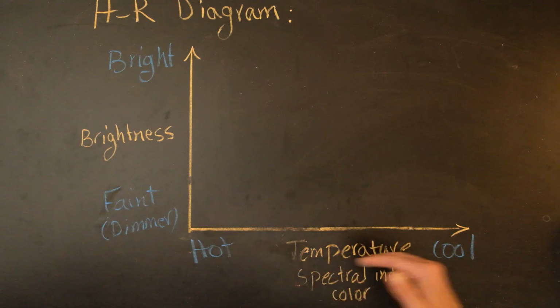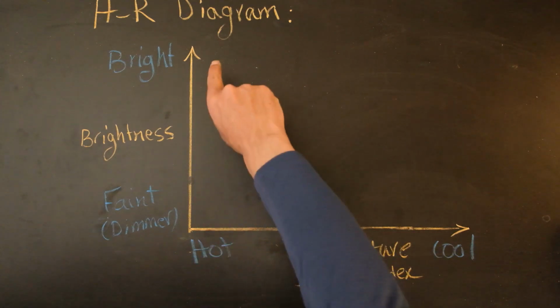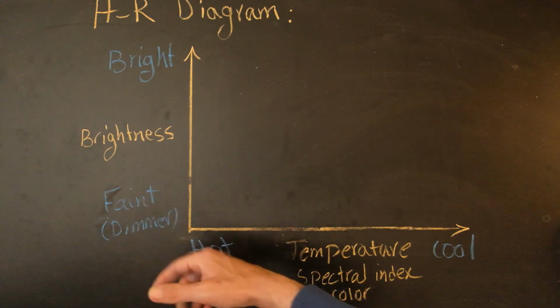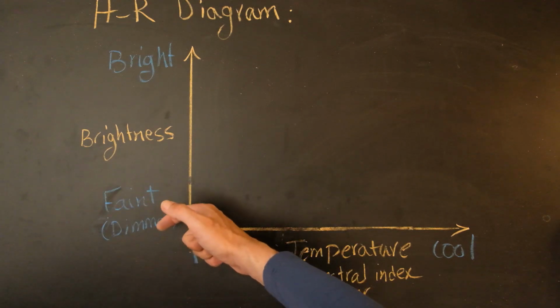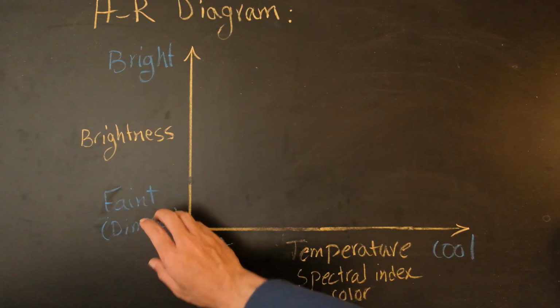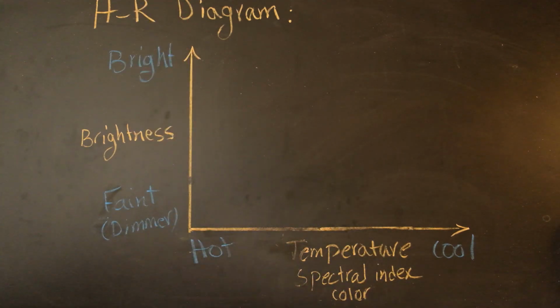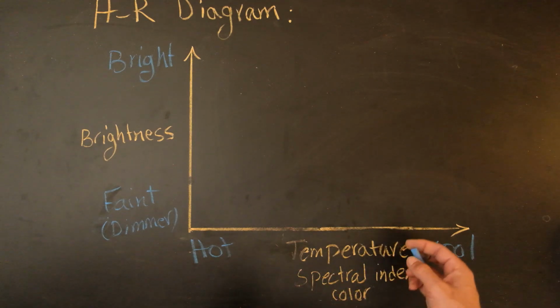So by moving along the axis, it gets cooler. Okay, this is the x-axis. For the y-axis, we have brightness. So faint and dim stars are down here, brighter, we go up there. What we expect to see is that hot stars are brighter and cold stars are fainter. And this is our expectation.